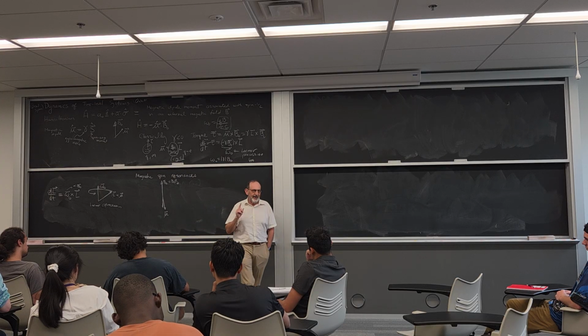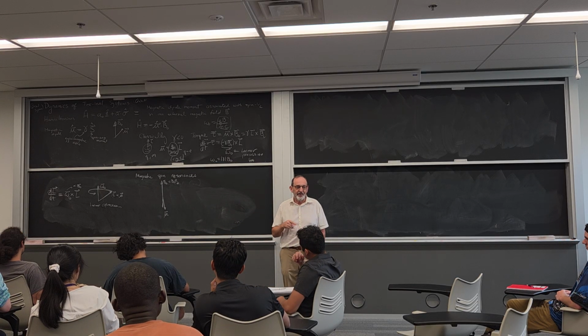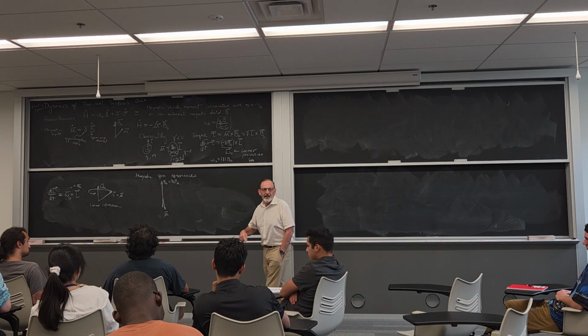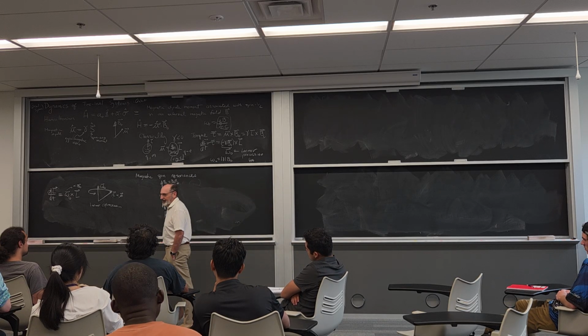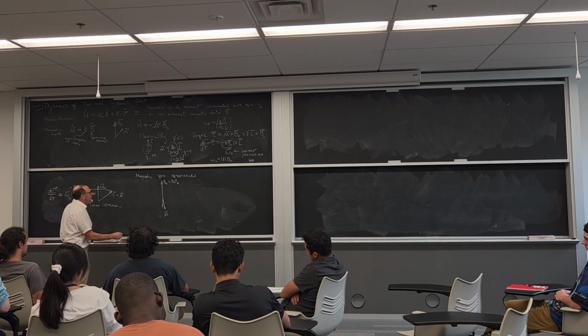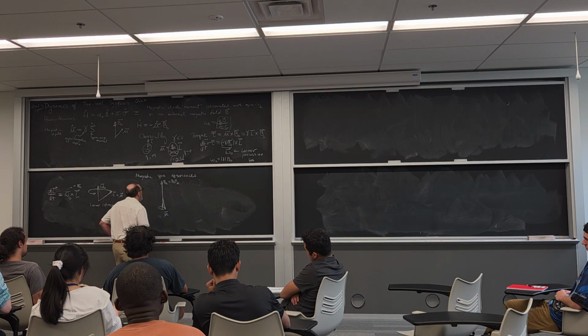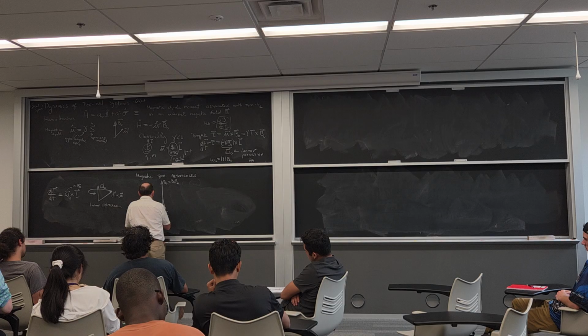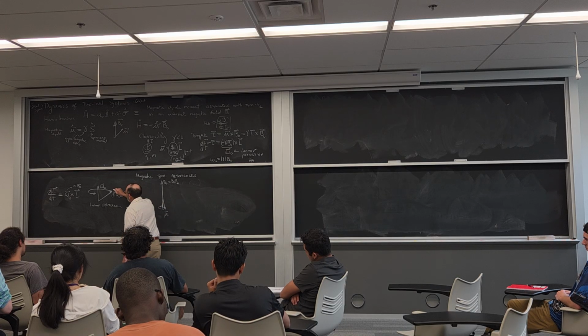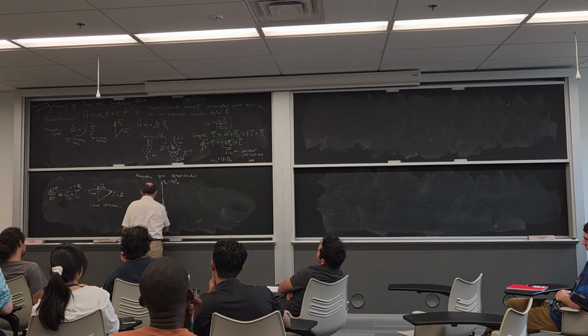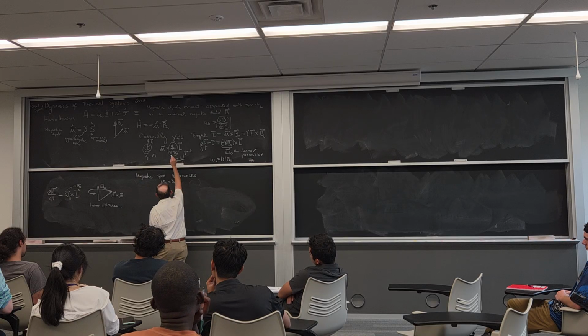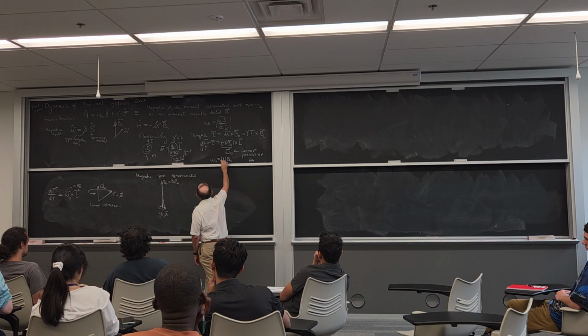If the gyromagnetic ratio is negative, then it wants to anti-align. This is the lower state. And this thing will precess around the B field at the Larmor frequency, omega naught, which is proportional, as we said, to B naught.